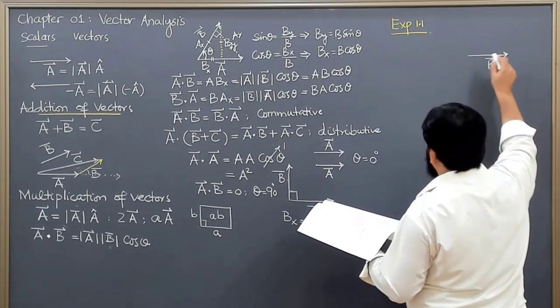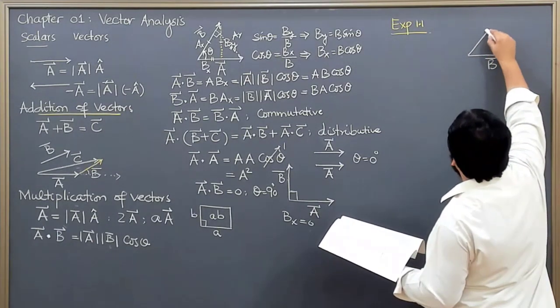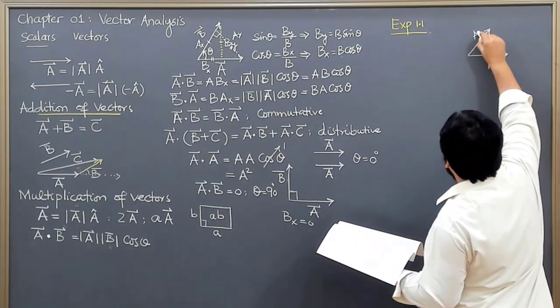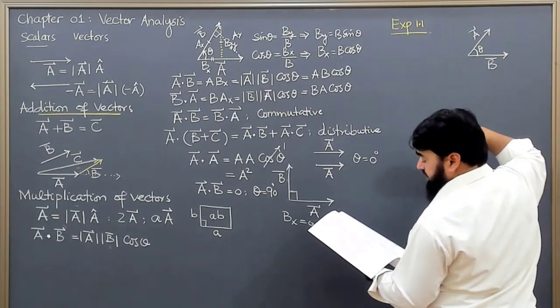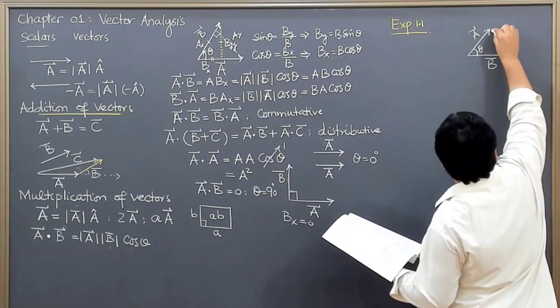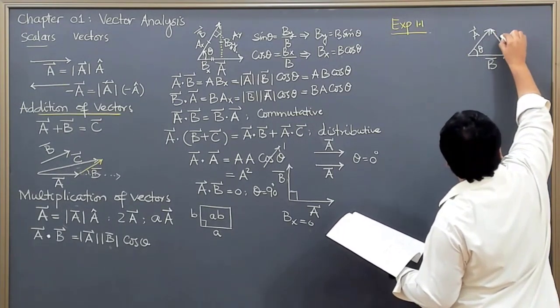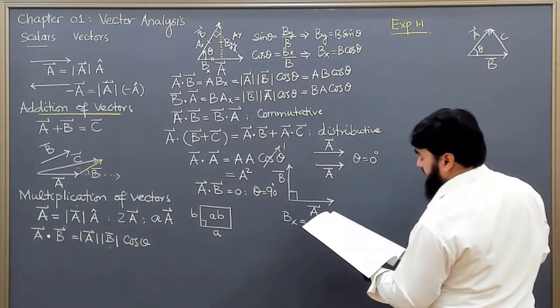This is vector B and this is vector A, and the angle between them is theta, and another vector which is vector C in this direction, like B, C, and then A like this.